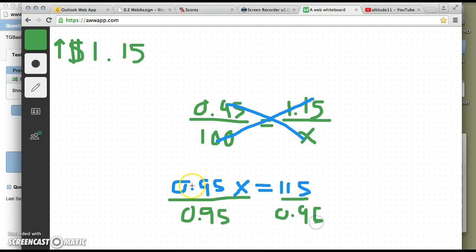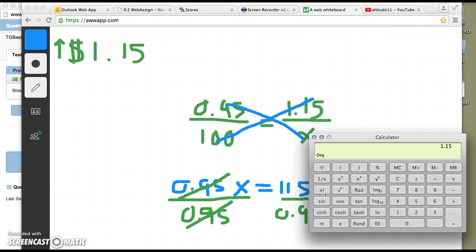Over on the left-hand side, the multiplication by 0.95 cancels with the division by 0.95, and all we are left with over on the left-hand side is x is equal to, and now on the right-hand side we need to divide. 115 divided by 0.95 equals.